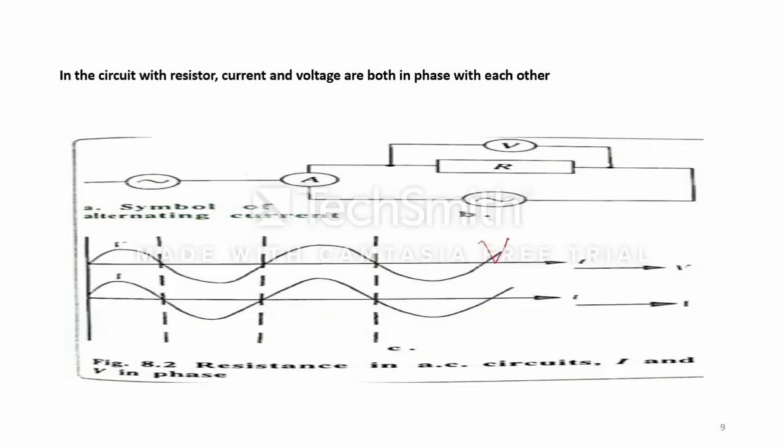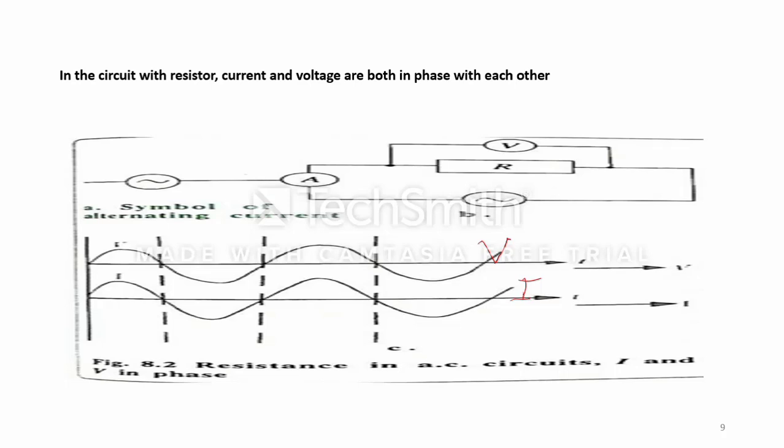So you now see when voltage is maximum, current is maximum. When voltage is zero, current is zero. When voltage is minimum, current is minimum. In this kind of plot, the waves are traveling in phase. So this occurs when a resistor is connected across a potential difference.